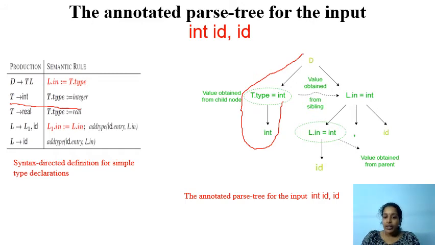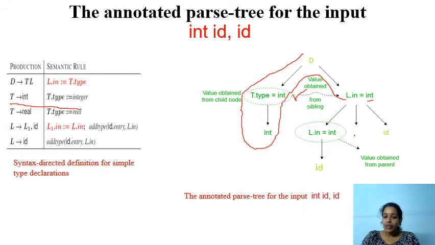Now we continue our traversal and we have reached here. Now what do we have to perform? We have to perform an action, that is, L gets its value from its sibling T. The value obtained from the sibling is L.in equal to int.